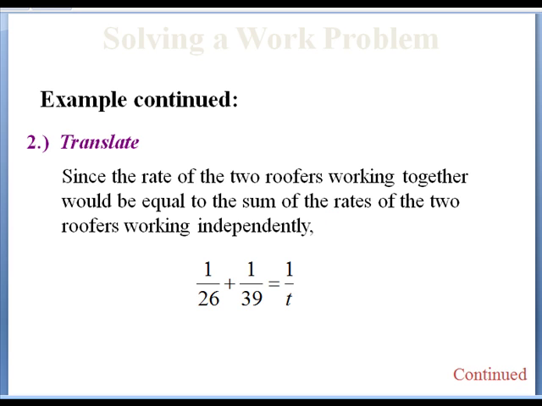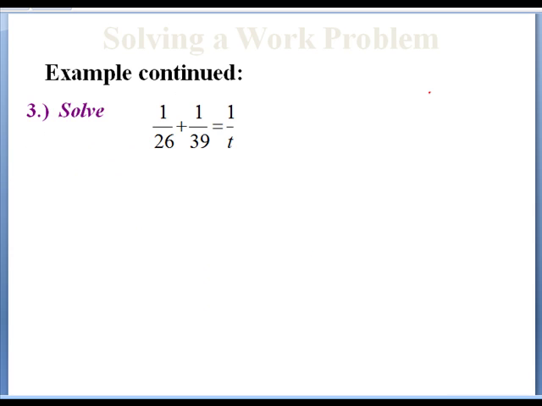And then from here, we can just solve for t. To solve for t, we're looking for the LCD. Take 26, which equals 2 times 13, and 39, which equals 3 times 13, and for the t, we just put t.